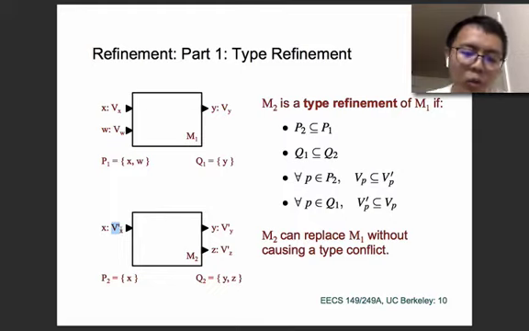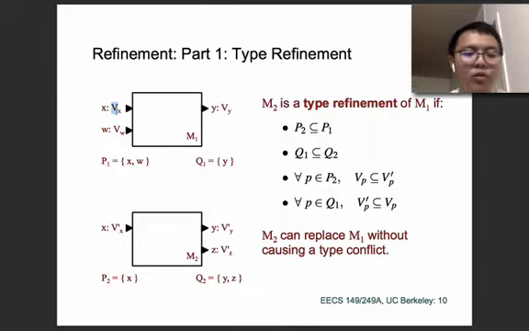In other words, if we want to replace M1 with M2, but they have different data types, that means they are not type equivalent. But we still can replace M1 with M2, though there may exist some constraints on the data type. So what is the constraint of V sub X prime with respect to V sub X?